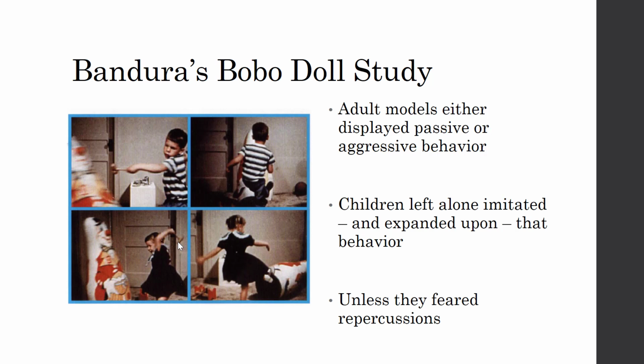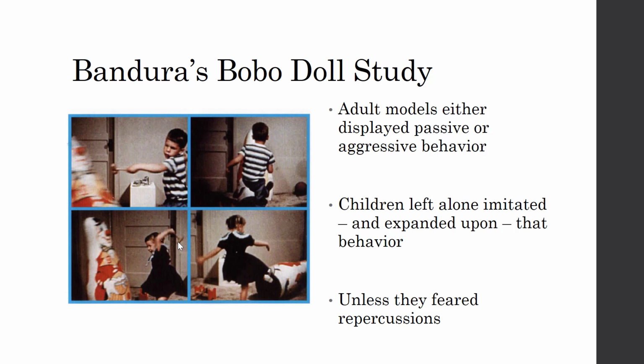Interestingly, those who saw the adults get negative feedback in regards to their own aggressive behavior, they still reported having a higher affinity for aggressive behavior relative to other conditions. Right? They said it would be more fun to punch the Bobo doll as opposed to those who never saw an adult being aggressive towards the doll. So they had a higher affinity for this aggressive behavior.